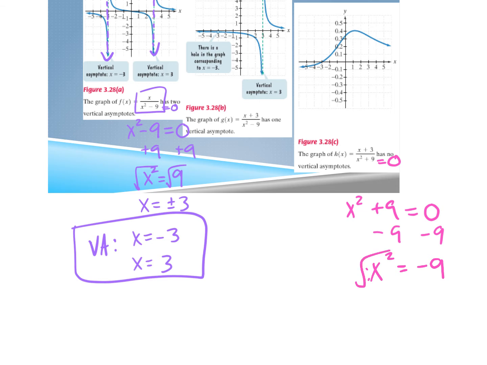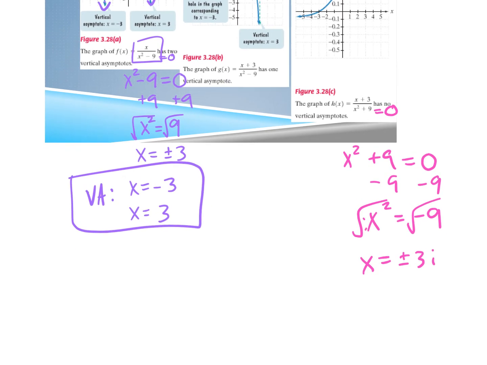Take the square root. So what's x equal to? Plus or minus 3i. When you have an i in your answer, there's no vertical asymptote. Here we would have no vertical asymptotes because we only want to deal with real numbers, not i's. There's no real number that would make the denominator 0. So we have no vertical asymptote.